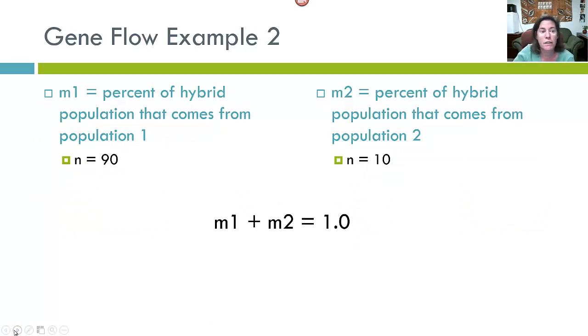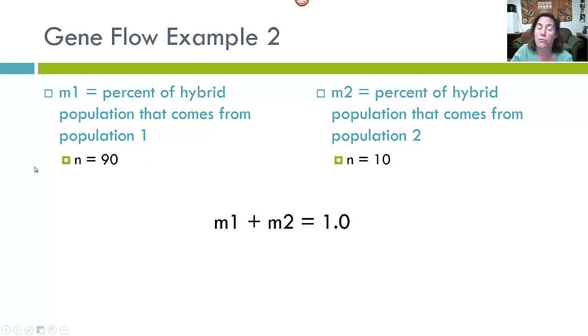That's the allele frequencies. Now we need to calculate the relative contribution of population 1 and population 2 to the hybrid. M1 and M2 represent the relative contribution of population 1 and population 2 to the hybrid. M1 is the percent of the hybrid population that comes from population 1. M2 is the percent of the hybrid population that comes from population 2.